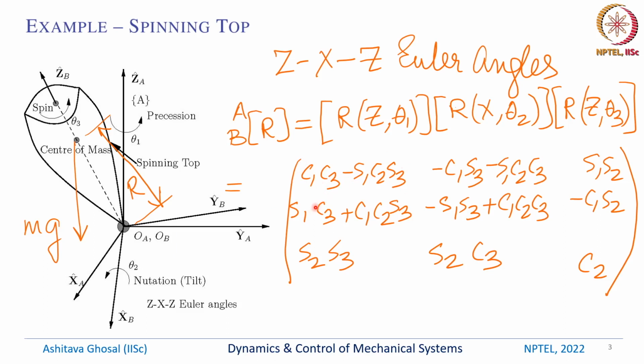It is not completely new. We have the 1-1 term as C1 C3 minus S1 C2 S3. The 1-2 term is minus C1 S3 minus S1 C2 C3. This term is S1 C3 plus C1 C2 S3. The 2-2 term is minus S1 S3 plus C1 C2 C3. This is nothing but the multiplication of three simple rotation matrices: one about Z, then about X, and the third again about Z.